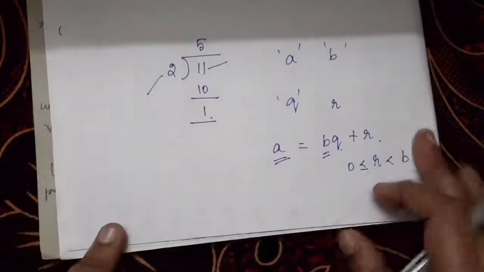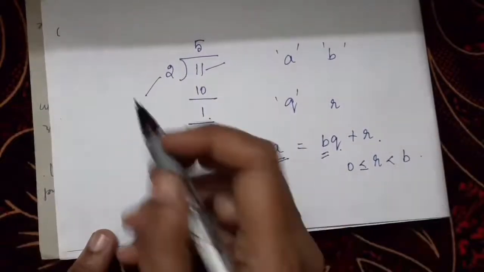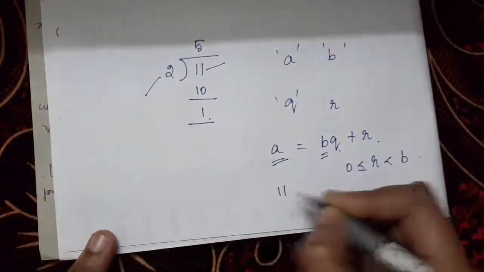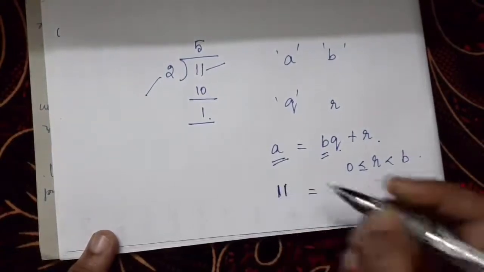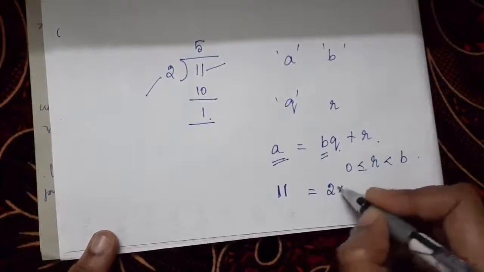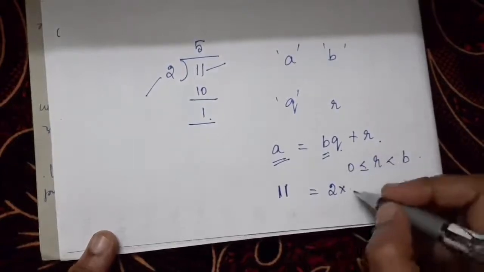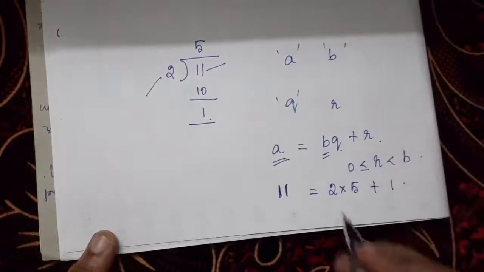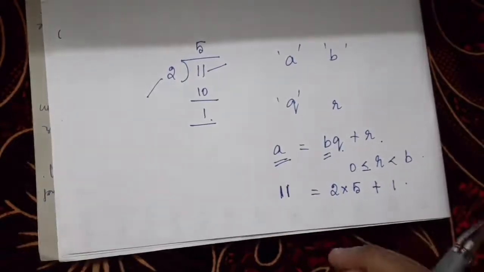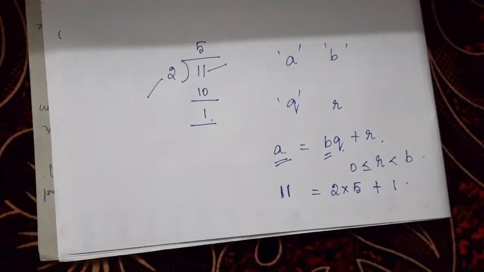See how we can write this. If we are dividing 11 by 2, then 11 is the dividend, 2 is the divisor, the quotient is 5, plus the remainder 1. This is the statement of Euclid's division algorithm.